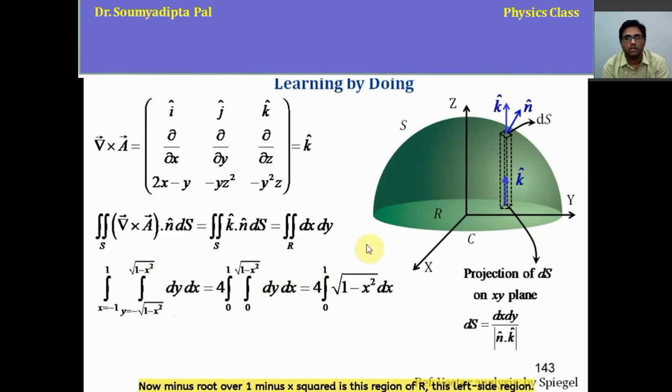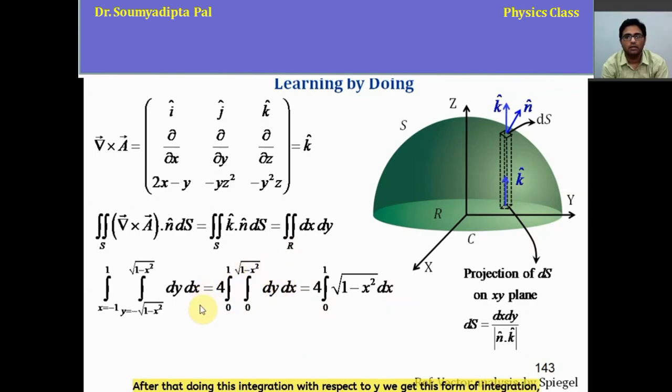Now minus root over 1 minus x² is this left side region of R, and plus root over 1 minus x² is this right side region. Okay. Then after changing the limit, we get this integration form.